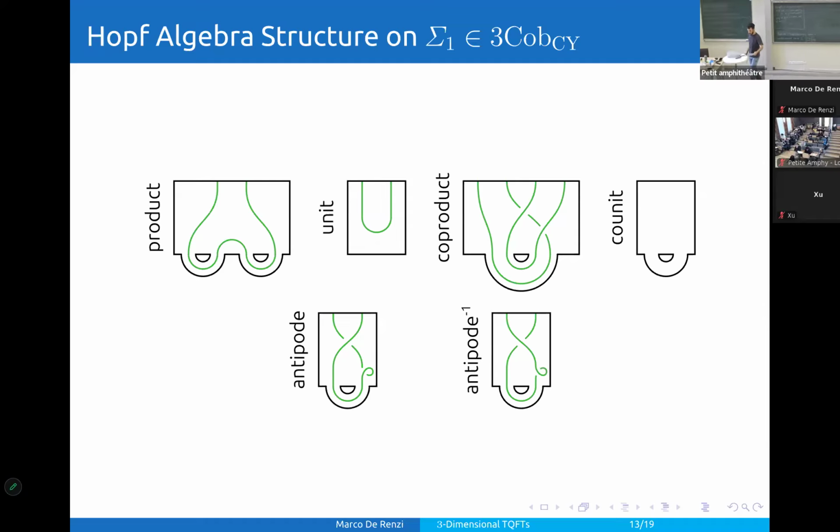So assigning to every natural number n its tensor power, this association can be extended to a braided monoidal functor. So let me explain why, how.